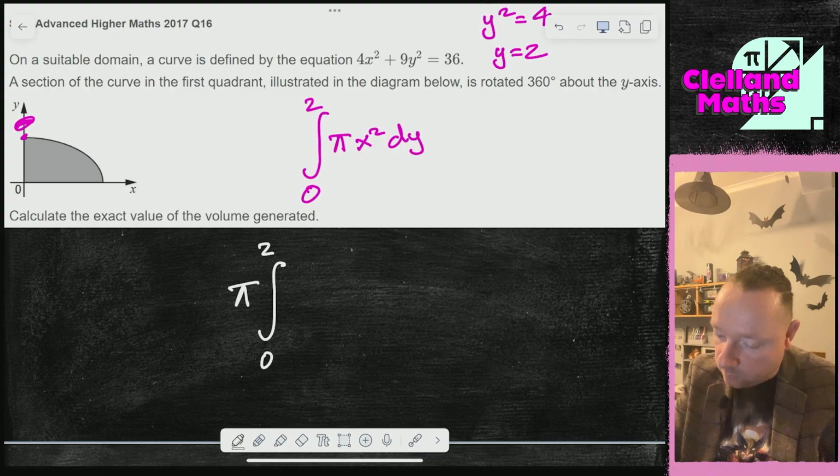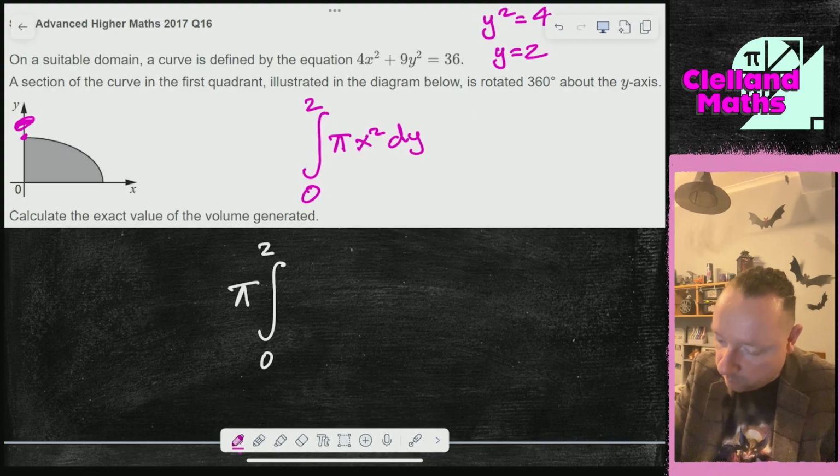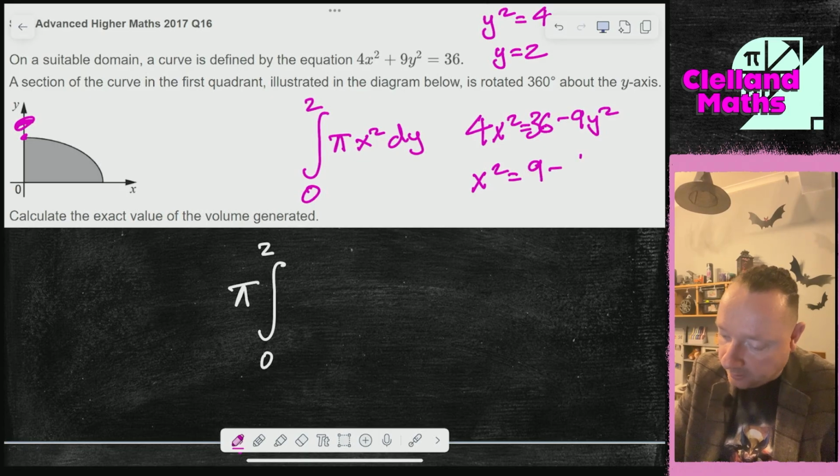So what is x squared? Well, 4x squared we already know must be 36 minus 9y squared. So x squared must be a quarter of that. So 36 over 4 is 9 minus 9 quarters y squared.